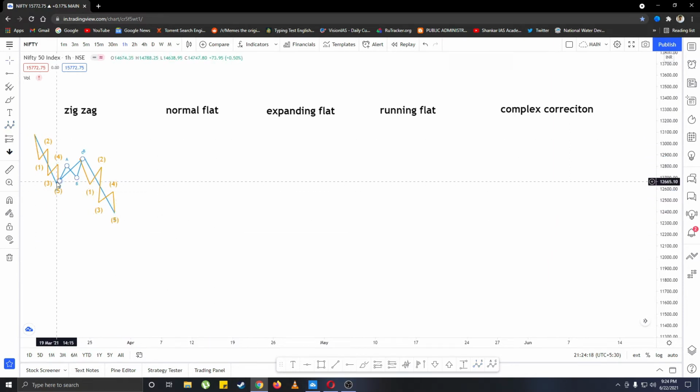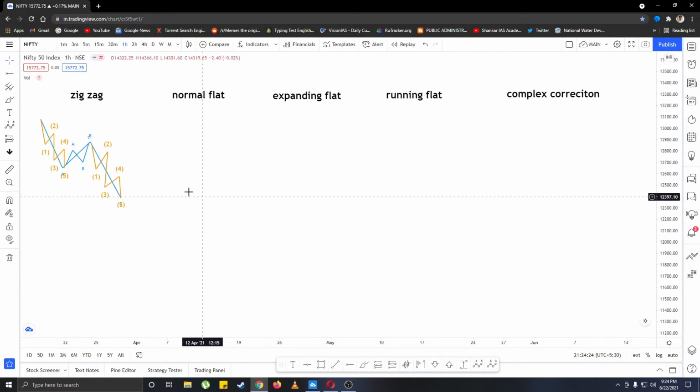In wave A there can be a leading diagonal, and in wave C there can be an ending diagonal. So this is a typical zigzag correction. In a bearish market, it will look something like this.